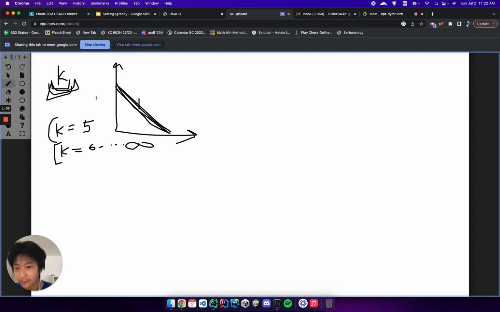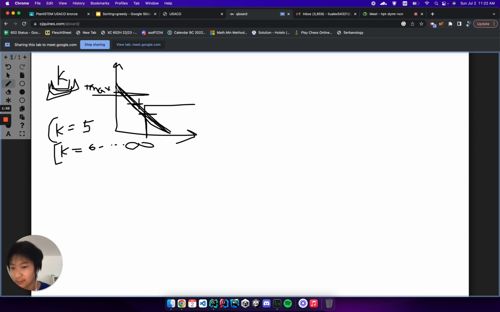If this is T max, for example, and our initial guess is around here, we know that all K's from here on will work. So then we can guess this K value instead, and keep doing that.